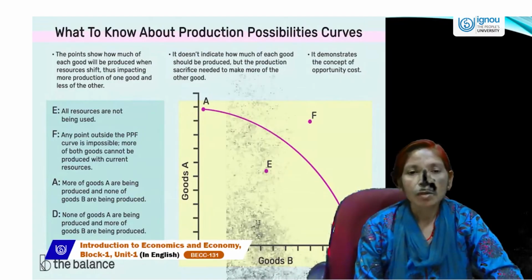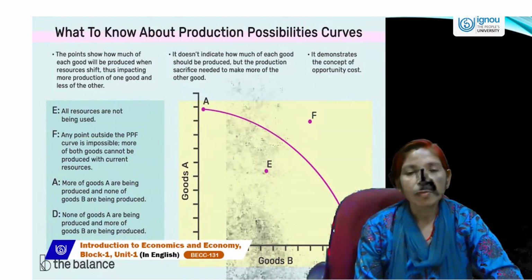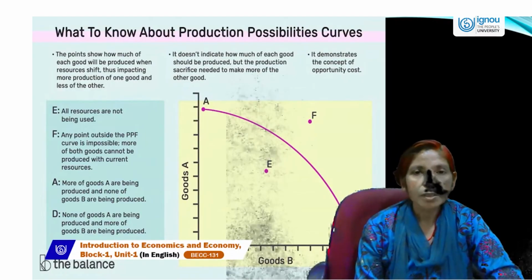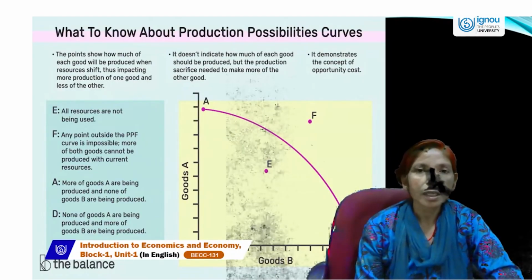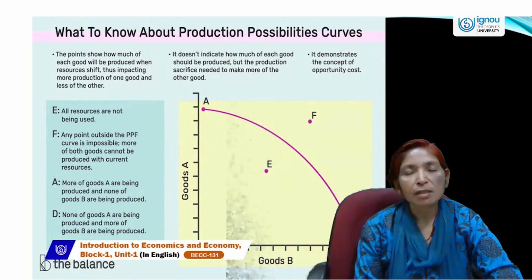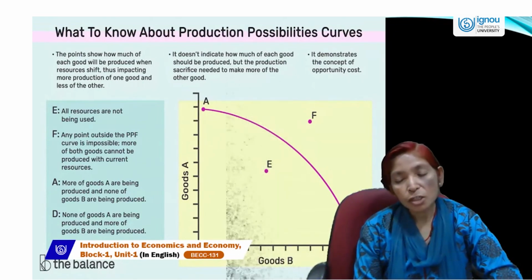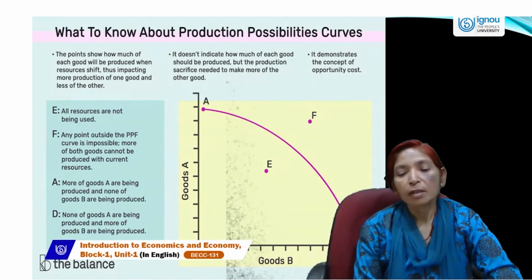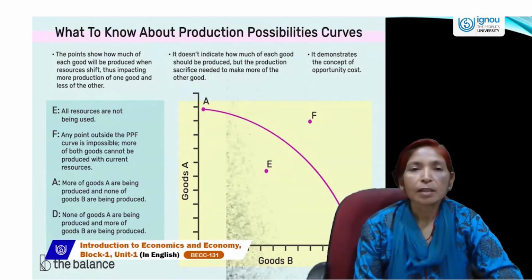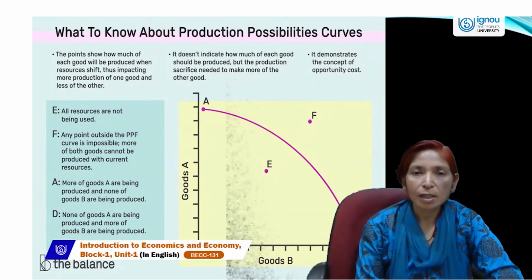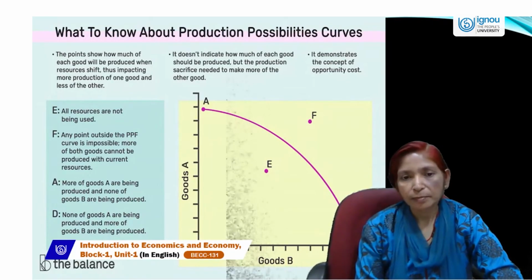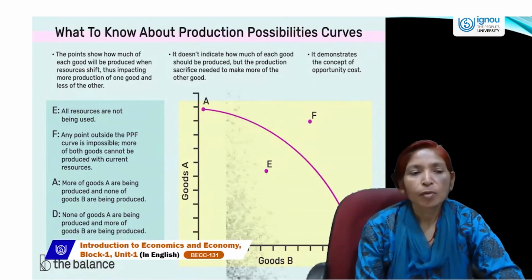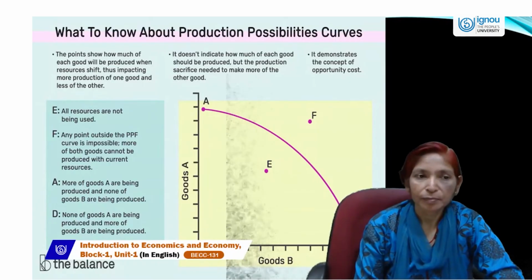If we produce more units of good A, then we will produce fewer units of good B. Point A shows that we are producing only good A. Here the production of good B is 0. And point D shows that we are producing the maximum units of good B and good A is 0. If we join point A to point D, then we get the production possibility curve.